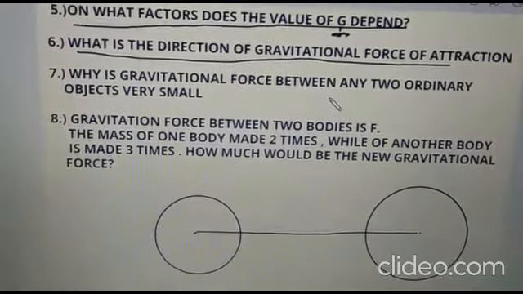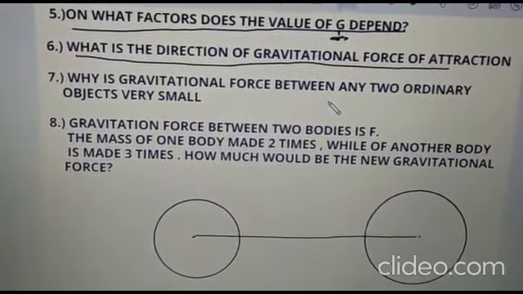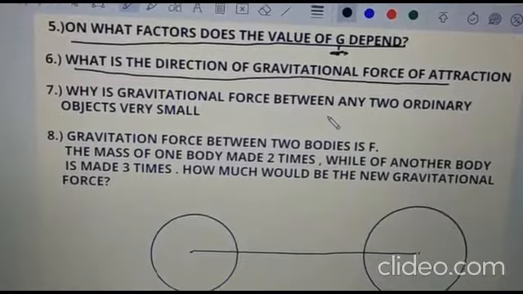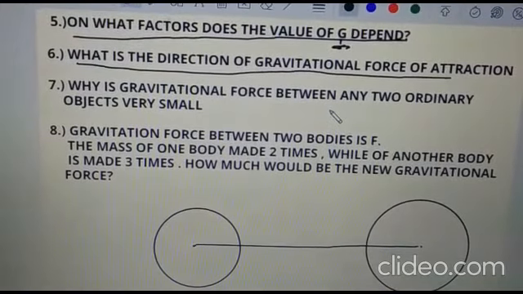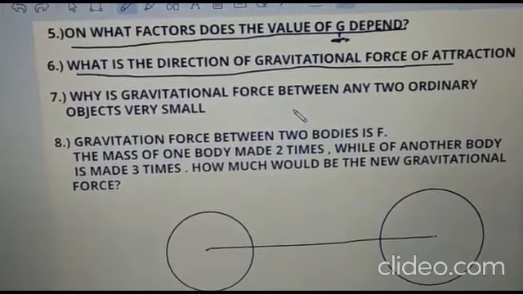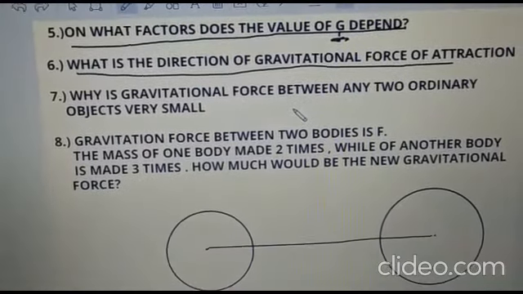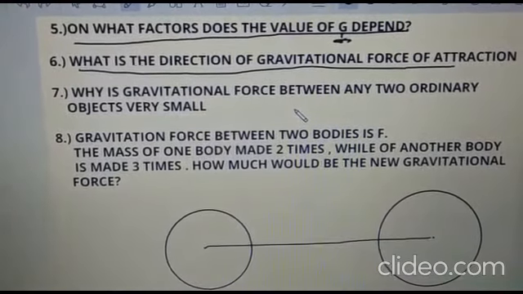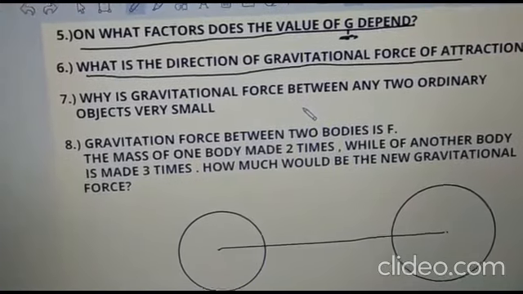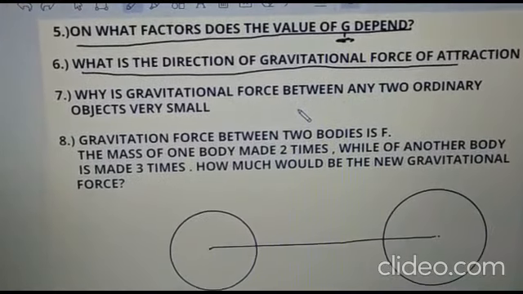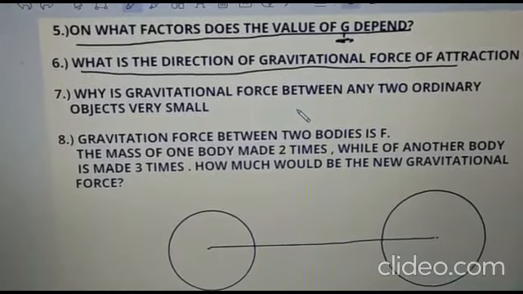It is only asking why the value is small, so we can directly answer that the gravitational force between any two ordinary objects is very small because the value of G is very small. Okay, guys, very simple.